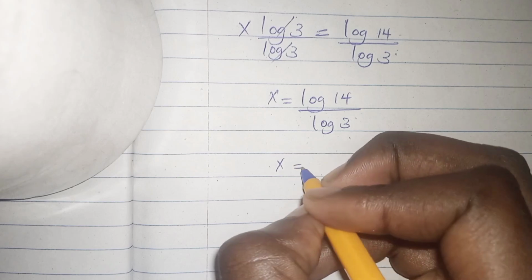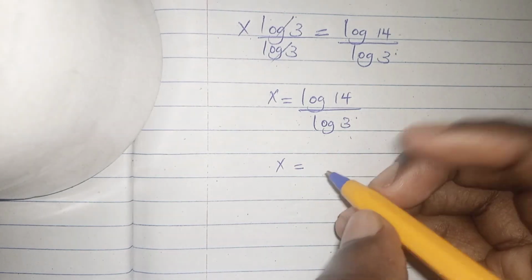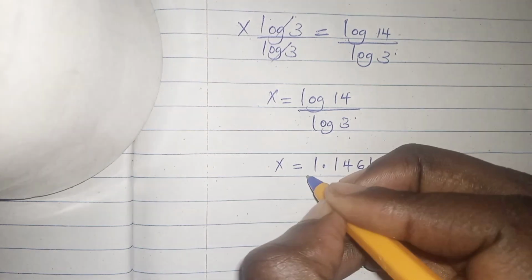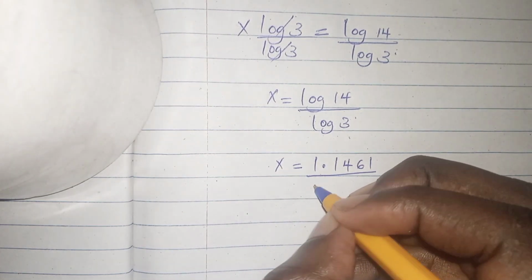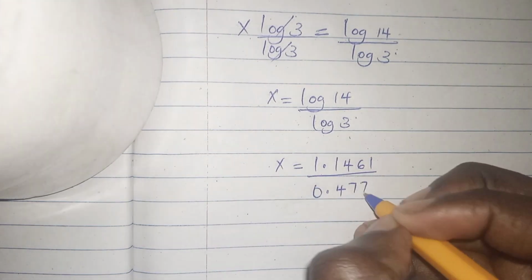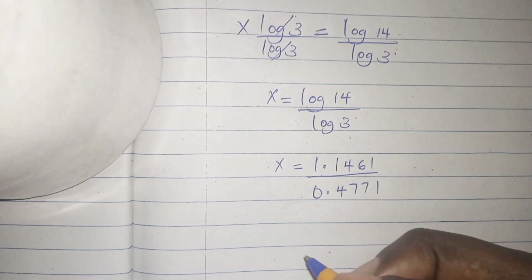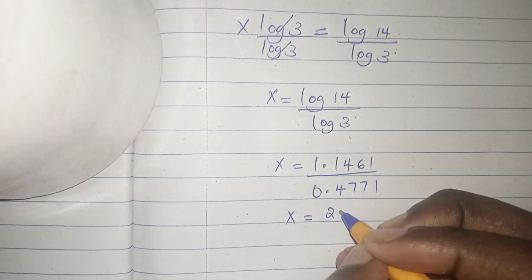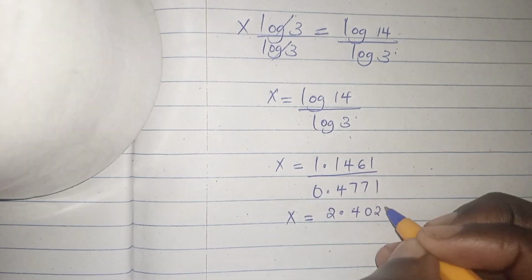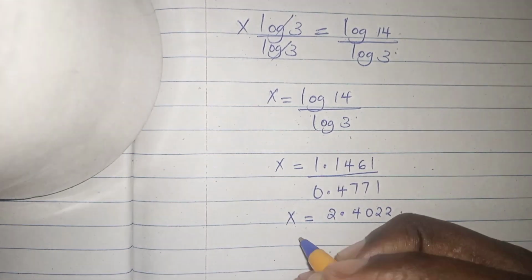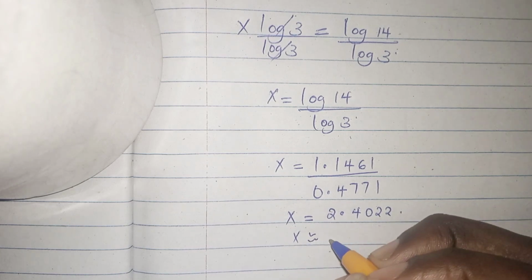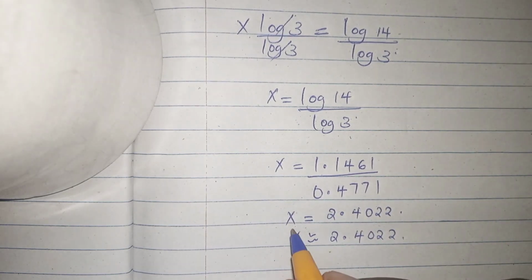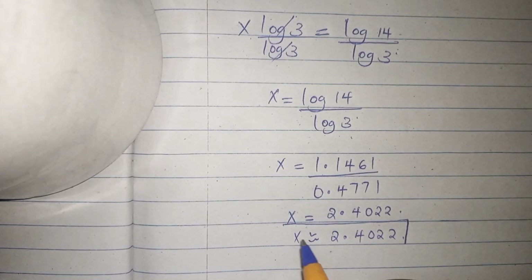Log 14 gives us 1.1461 over log 3, which is 0.4771. So if you evaluate this, x = 2.4022, whereby we can conclude that x is approximately 2.4022.